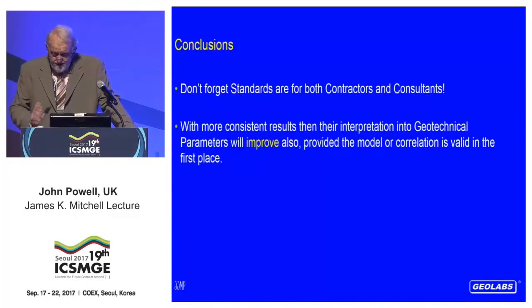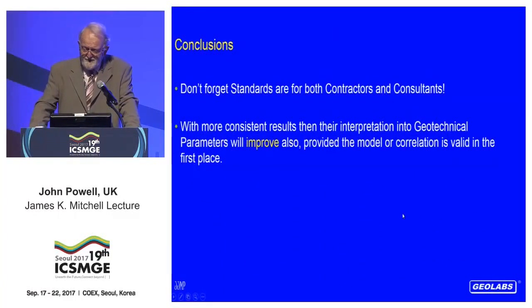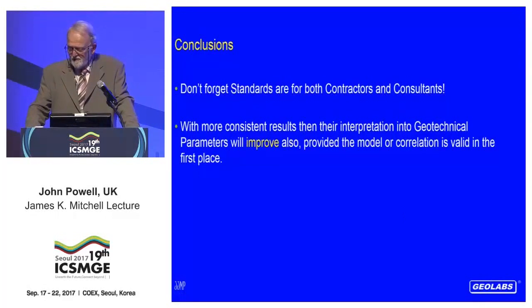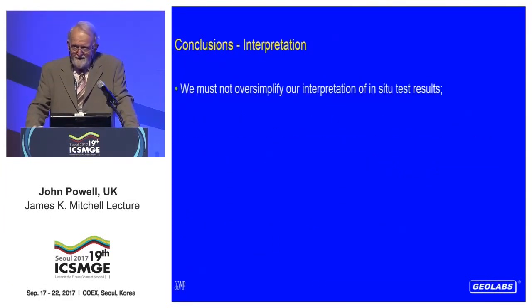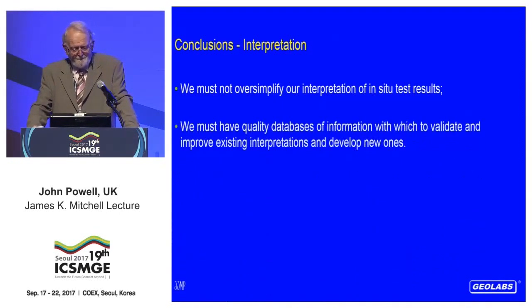So we hope that with more consistent results, then we can get better interpretations of the geotechnical parameters, and that our correlations will improve with time. We must not oversimplify our interpretation of in situ test results.